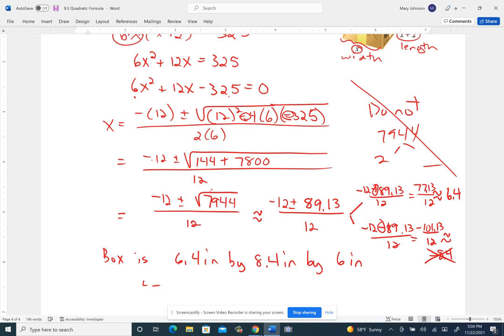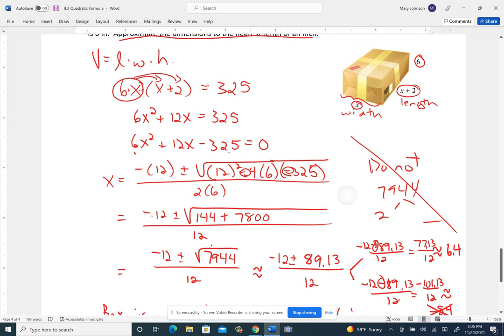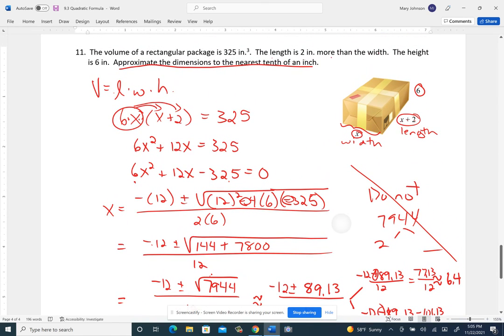Okay? And then I always just check it. Take 6.4 times 6 times 8.4, and you should have something. It won't be exact because we did round, but you should have something close to 325. Man, it feels so much further away from that. I got 322.56.